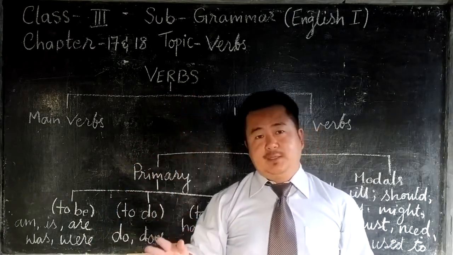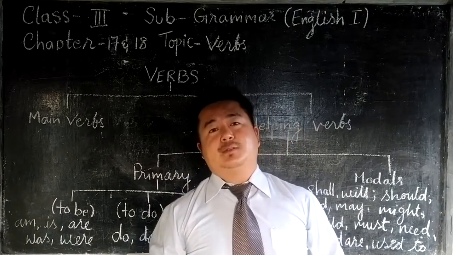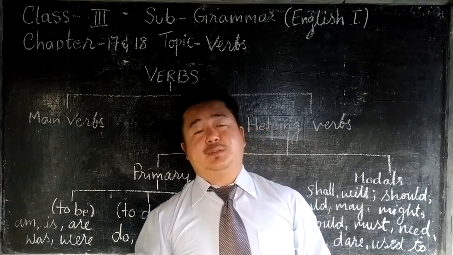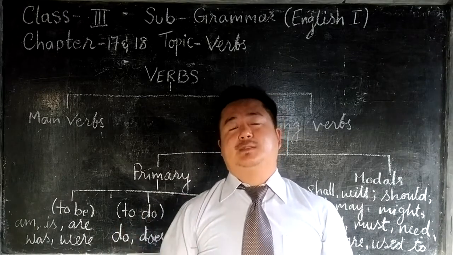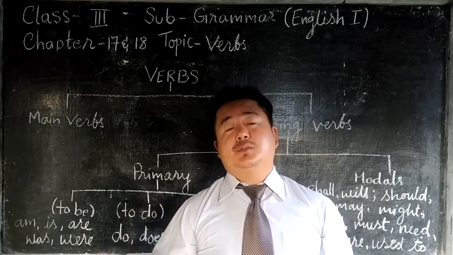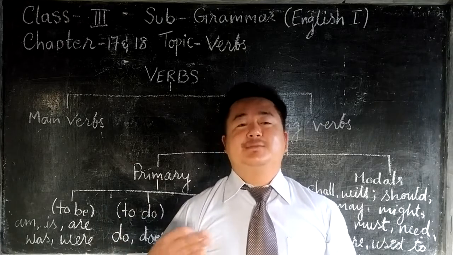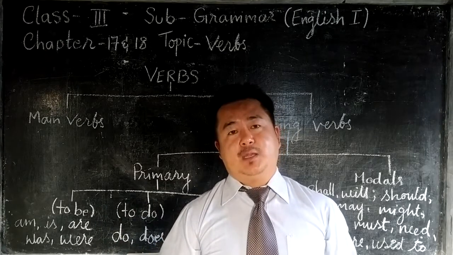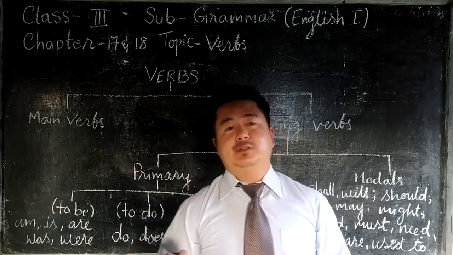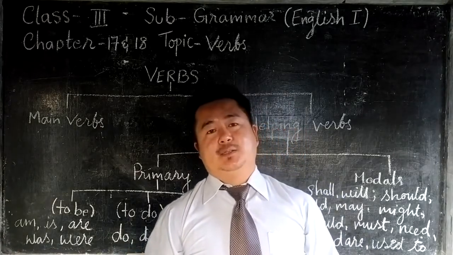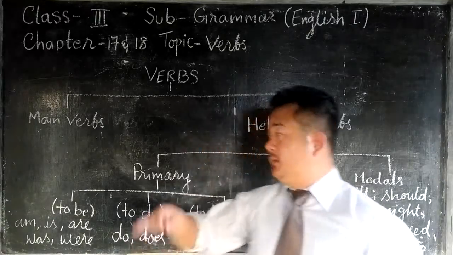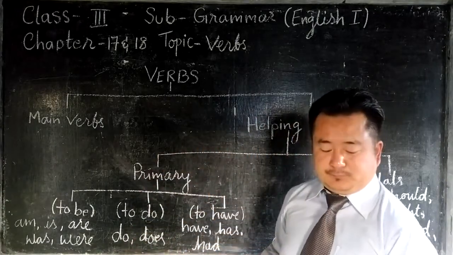You already know the term verb, right? There are other words, also known as verbs, but they are not the main verb. They are helping verbs in a sentence. Let's see on the board now.